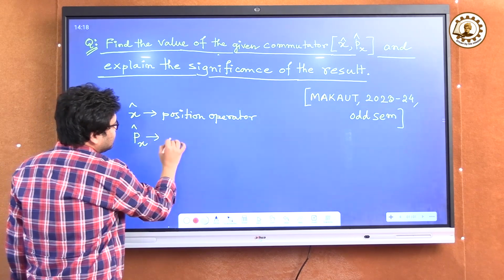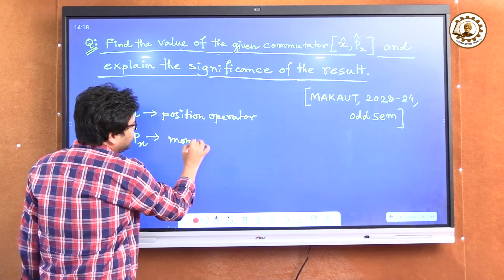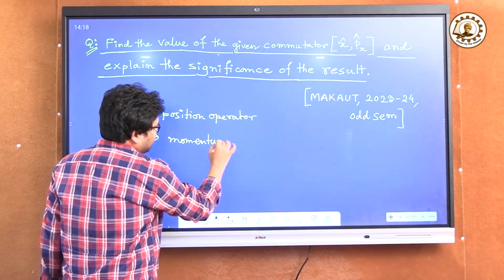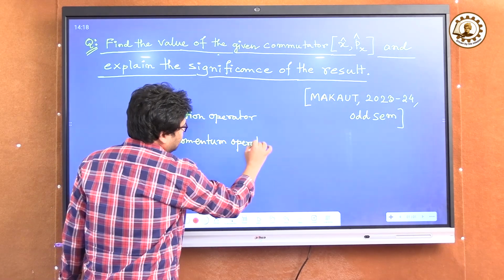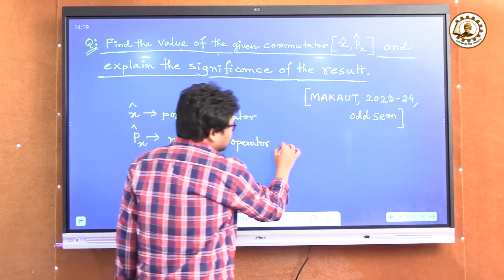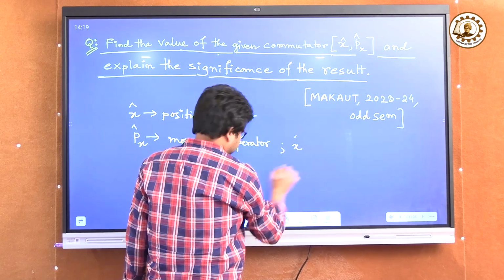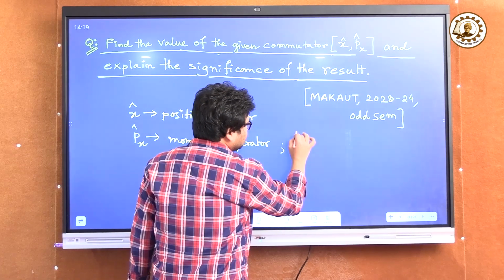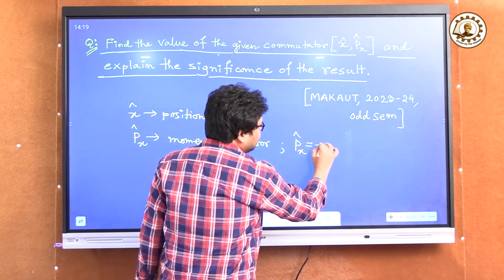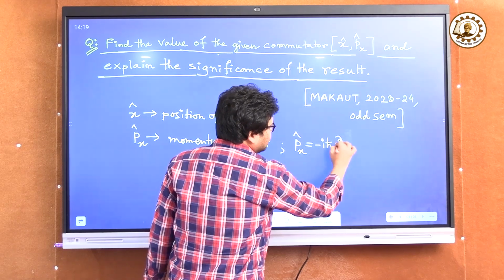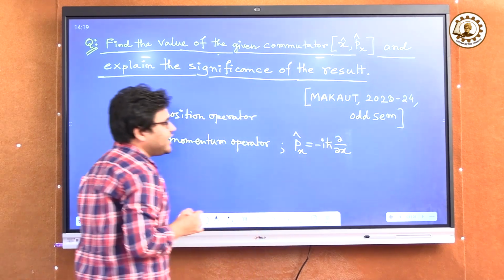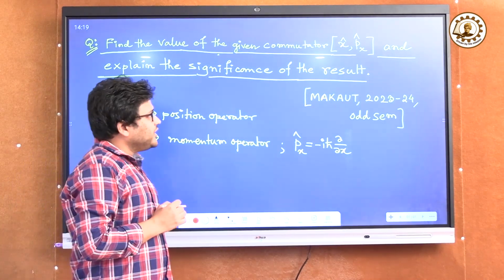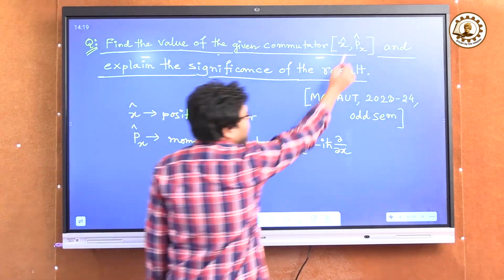This is our momentum, or more precisely linear momentum operator, which has the expression px cap equals minus i h cut del del x. So it is the x component of the linear momentum operator. So in today's problem we are going to evaluate this commutation bracket.